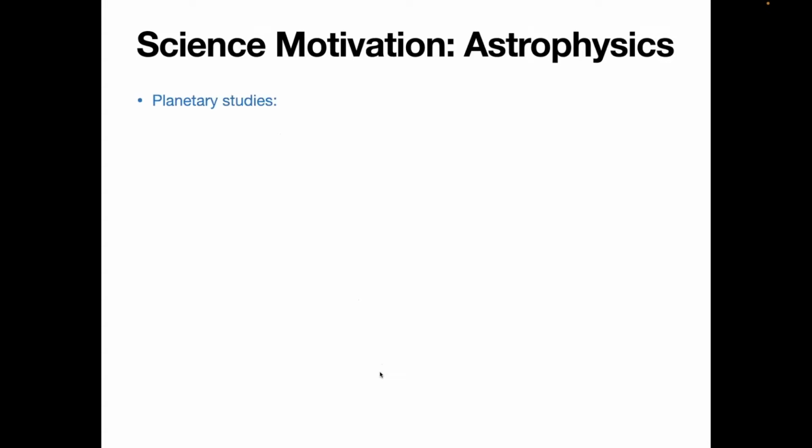I wanted to mention that there's a lot of fun astrophysics with such a survey. And then I'll describe the specs of the survey. So for planetary studies, there's an advantage to using millimeter wave observations over optical. The problem with optical is that you see planets because of sunlight reflected off of them, and optical light falls off faster than the millimeter wave emission that's intrinsic to the planet itself.